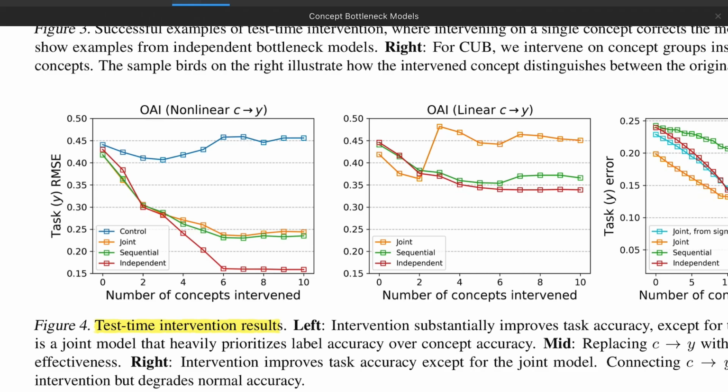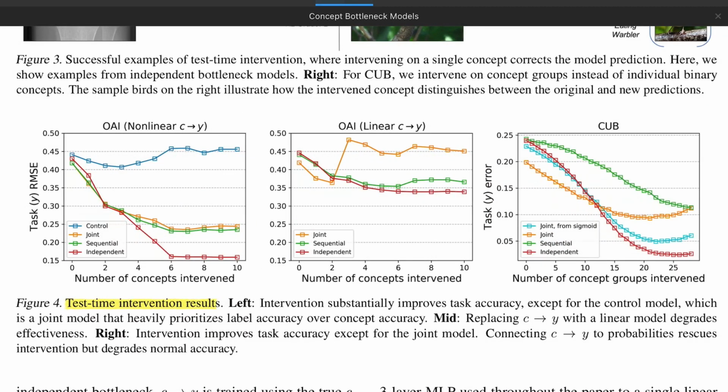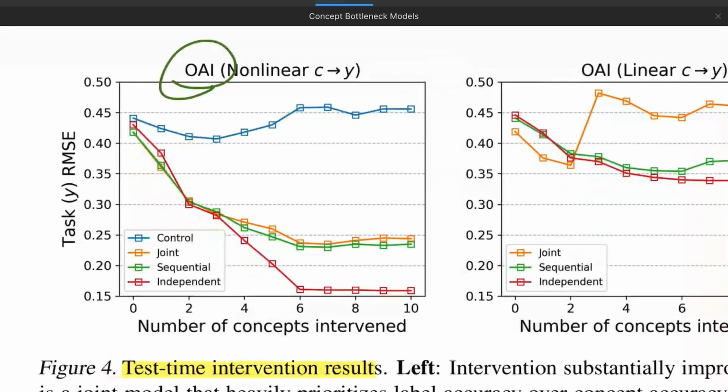So we have the test time intervention results. I want you to focus firstly on the first and the third one, and then we are going to look at the middle one. Here, the one that got the best results previously was this joint. And notice that as you intervene on more and more concepts, you get improved performance.